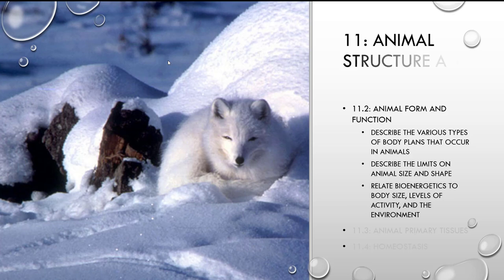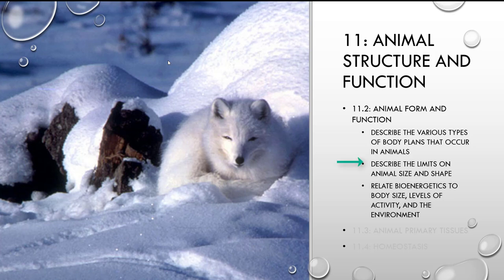All right, so we've just completed section 11.2 from our textbook, Animal Form and Function. So by now you should be able to describe the various types of body plans that occur in animals, so asymmetrical, radial, and bilateral. You should be able to describe the limits on animal size and shape.